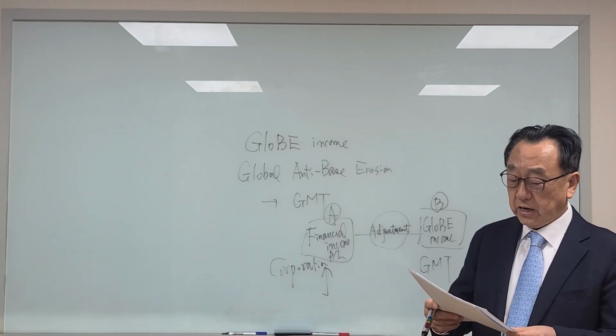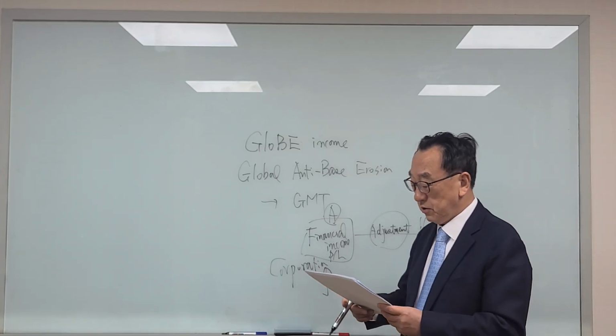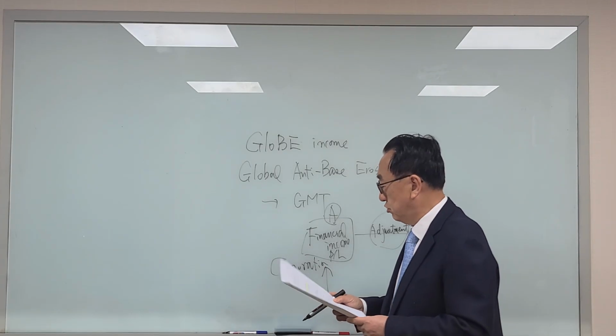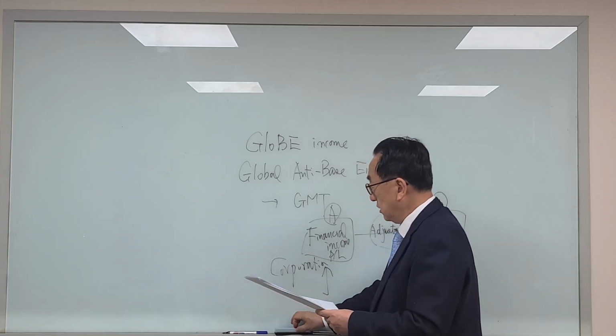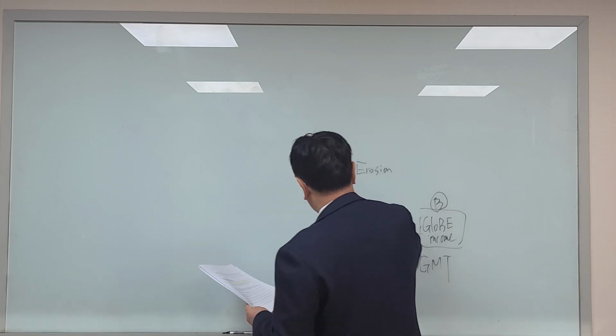There are 19 items illustrated in the presidential decree. So this is so huge and so complicated. So I want to mention briefly some items.